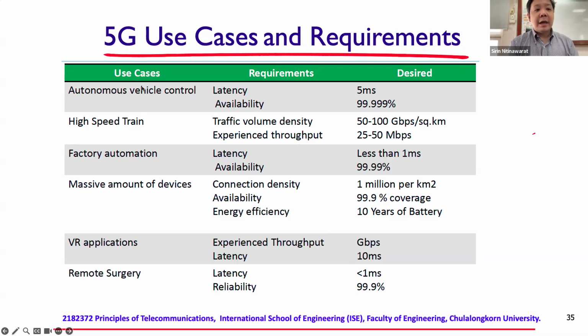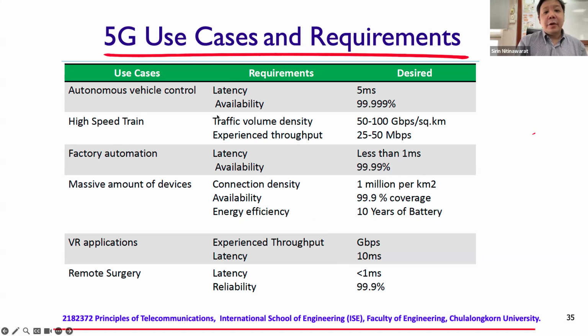Something like autonomous vehicle and factory automation will fall into the URLLC category. You see primary requirements on the latency and availability.